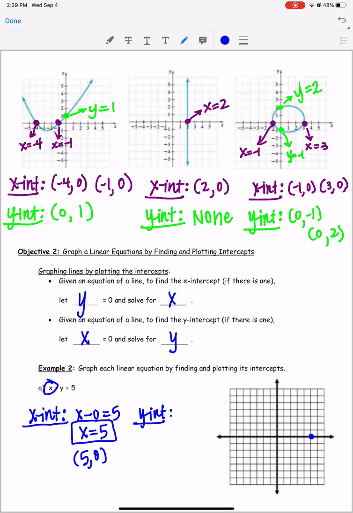So in place of this x, we got 0. So 0 minus y equals 5. That 0 can just kind of leave us, but we do have a negative in front of that y. So negative y equals 5. Now, if you can go straight to just y equals negative 5, please do so.